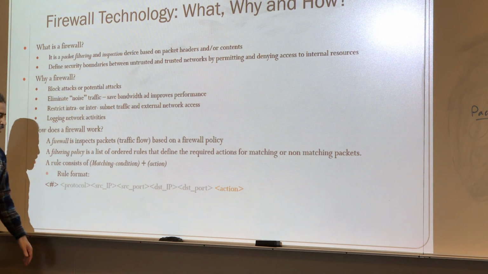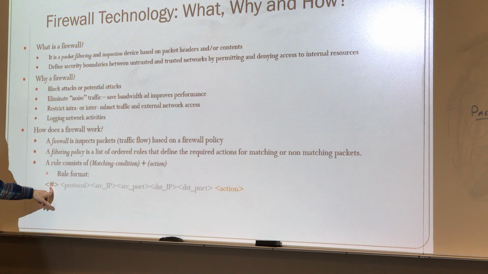But if you want to give a number here, that means you are actually giving a priority index. So rule number 3 will be processed before rule number 10. If you don't give a number, it will go sequentially.